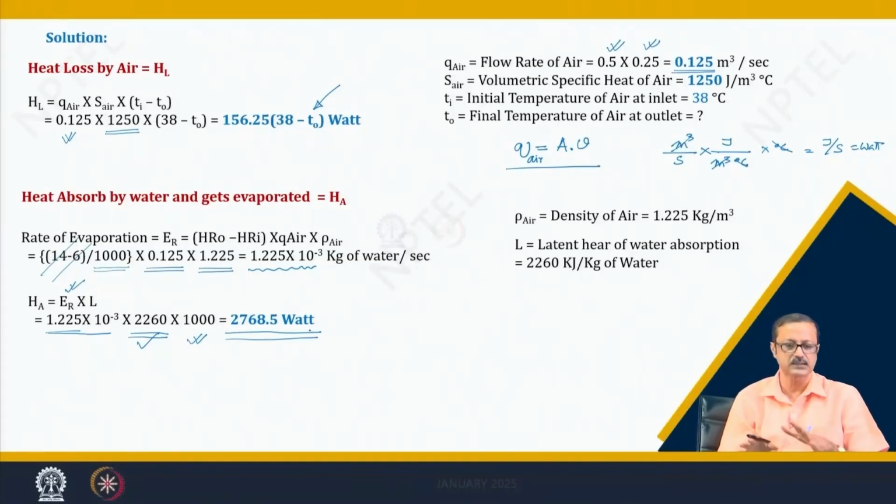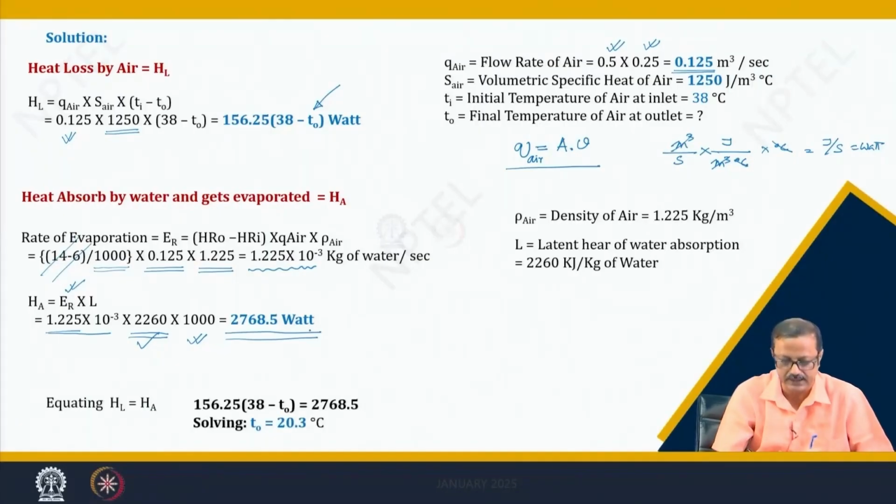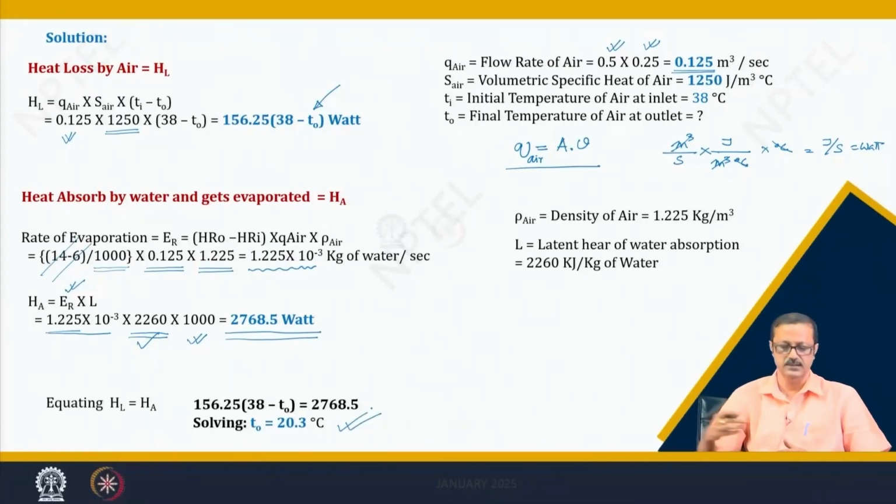I have both the things ready, HL and HA; just equating them I can get the T outlet, which is 20.3 degree, whereas it was 38 degree in the beginning at the inlet side. So, 38 degree to 20.3 degree centigrade or so.